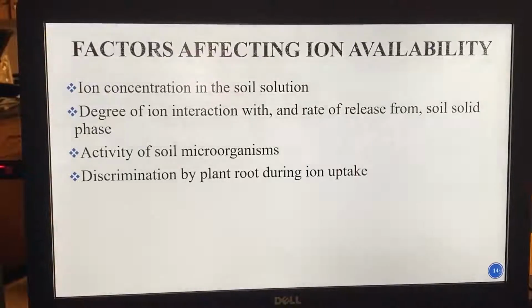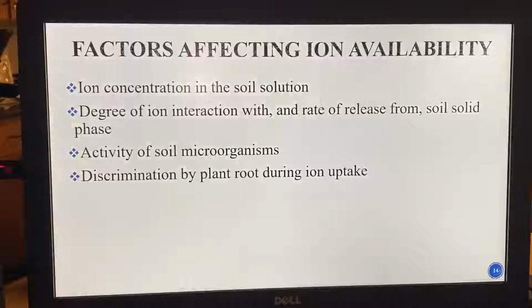But plants also do take up some of those other elements, arsenic, lead, selenium, chromium. They do have the ability to take those up through mass flow, not necessarily diffusion, because the plants don't need that.